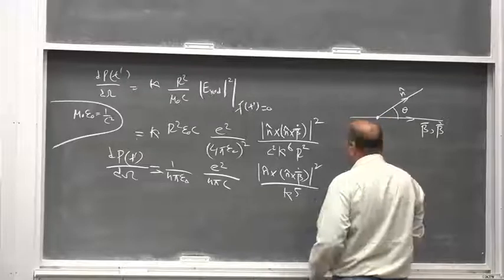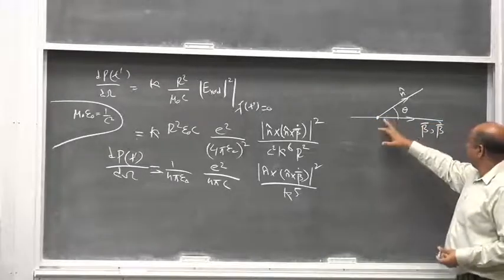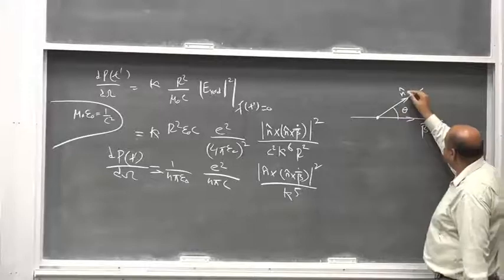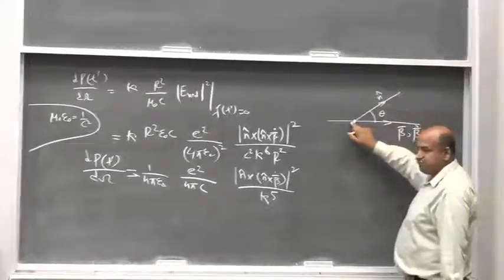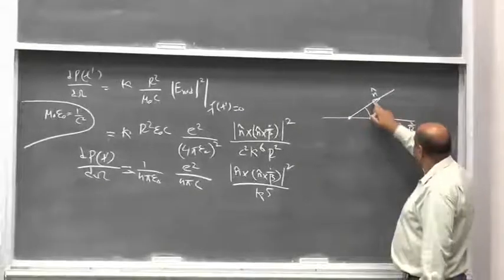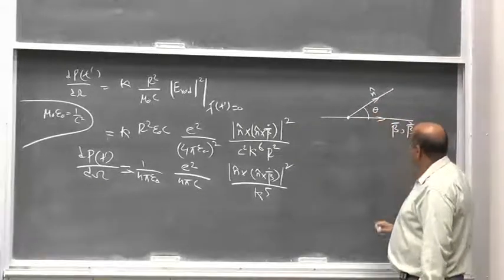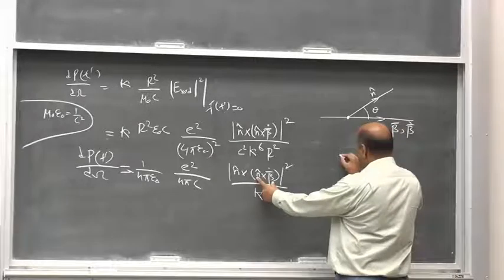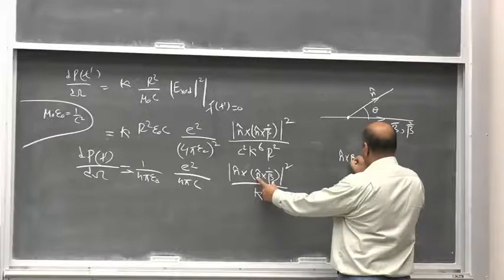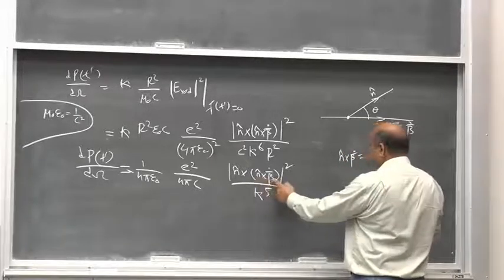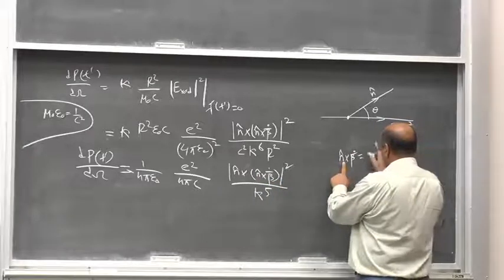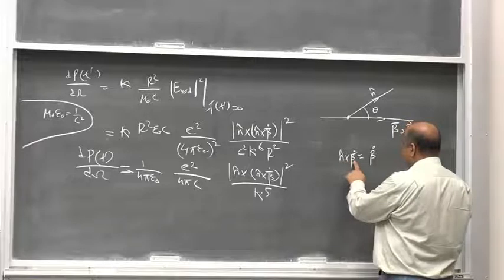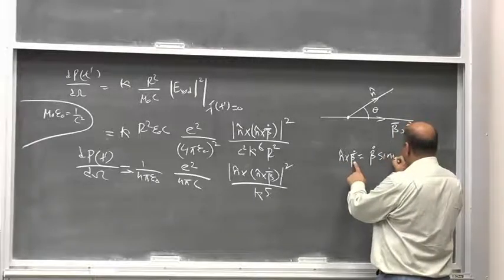So this is the n vector. N vector is again in the direction of r minus rp, and they both make an angle theta with each other, so that this n cross beta dot has magnitude beta dot, angle between the two, sine of the angle between the two, sine theta.